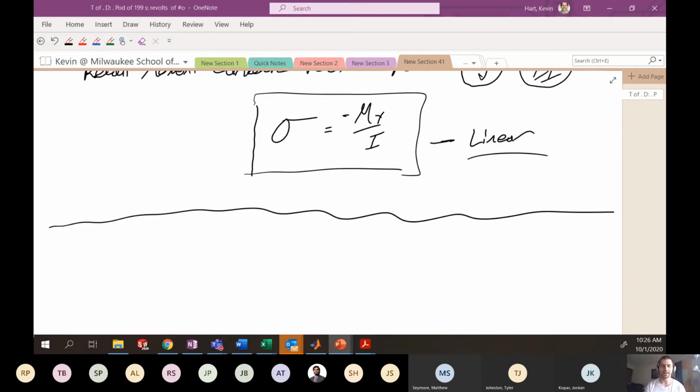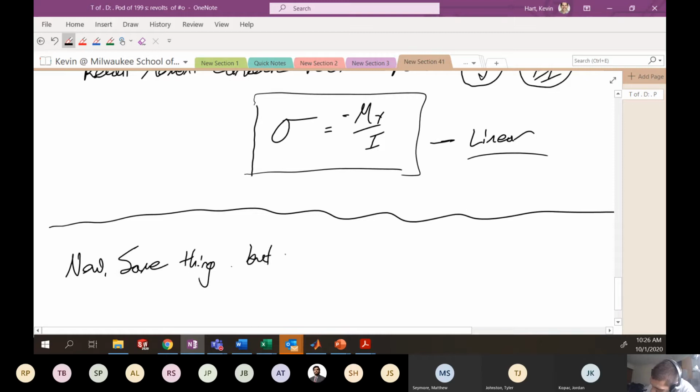Now we need to compare the derivation of a straight beam, which we just did, to the derivation of a curved beam to see how things differ. So now, same thing, but with a curved beam.